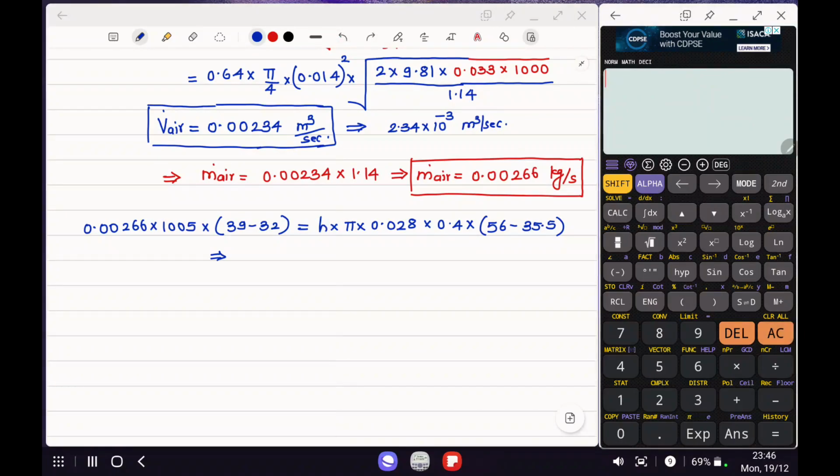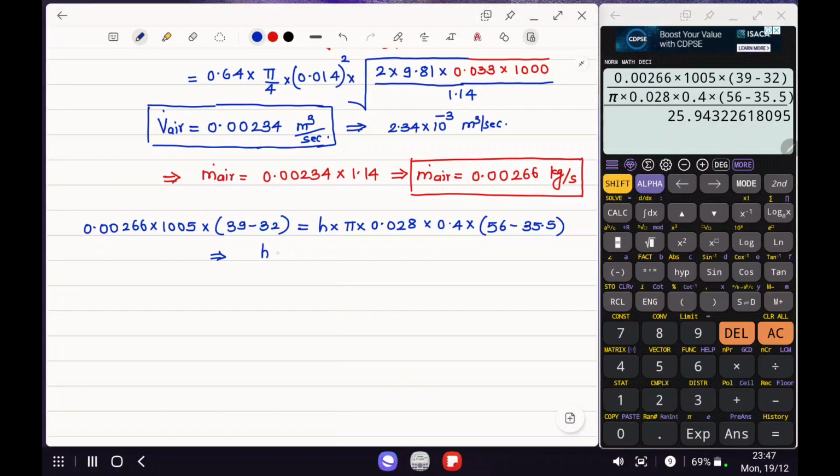So we will put it. So simply 0.00266 into 1005 multiplied by 39 minus 32, divided by pi, D is 0.028, length is 0.4, multiplied by 56 minus 35.5, so 25.94.